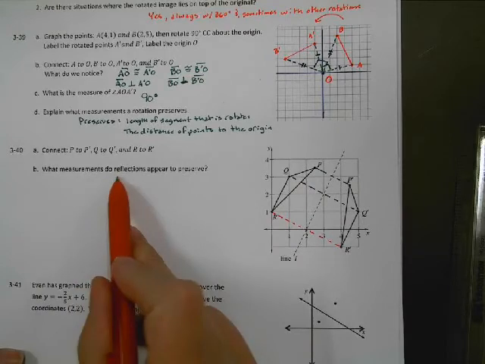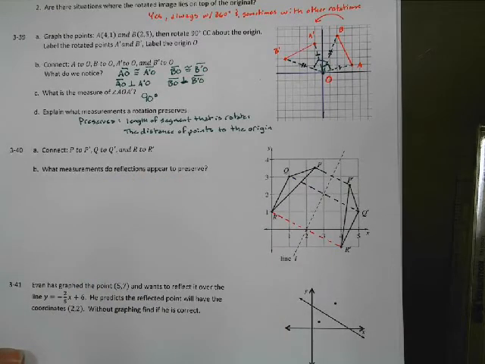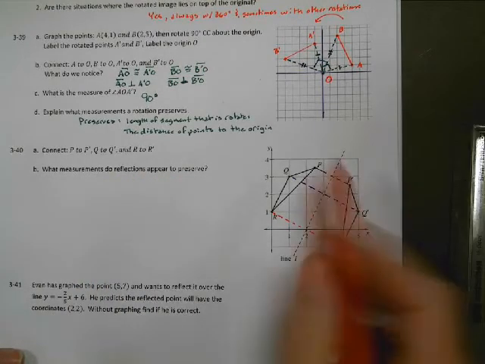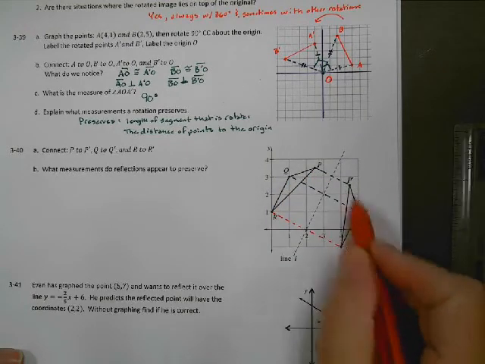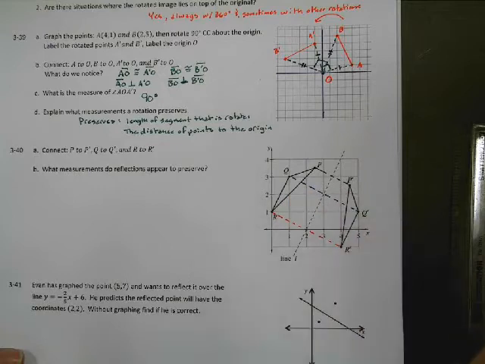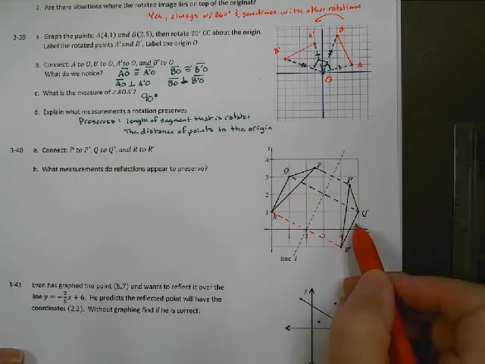What measurements do the reflections appear to preserve? Well, looking at this, it looks like the sides and the angles of these triangles are exactly the same. Like this is the same shape as that shape, right?